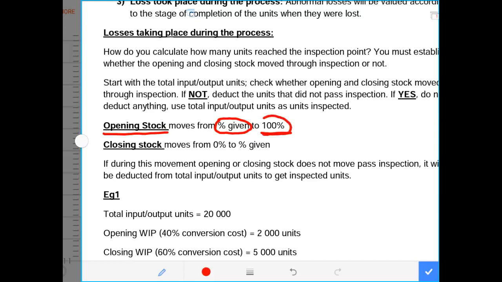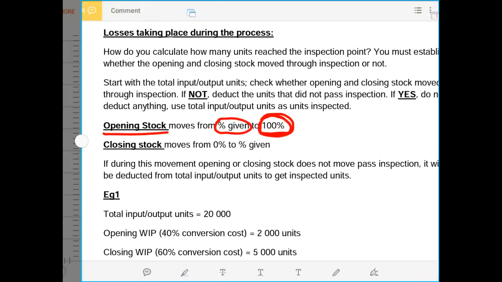That means if we see the opening stock in the lines that I will do, it indicates that the opening inventory will start from that given percentage up to 100%. Therefore, by the end of the period, that opening stock would have been finished and became finished product, which is 100% by the end of the period.